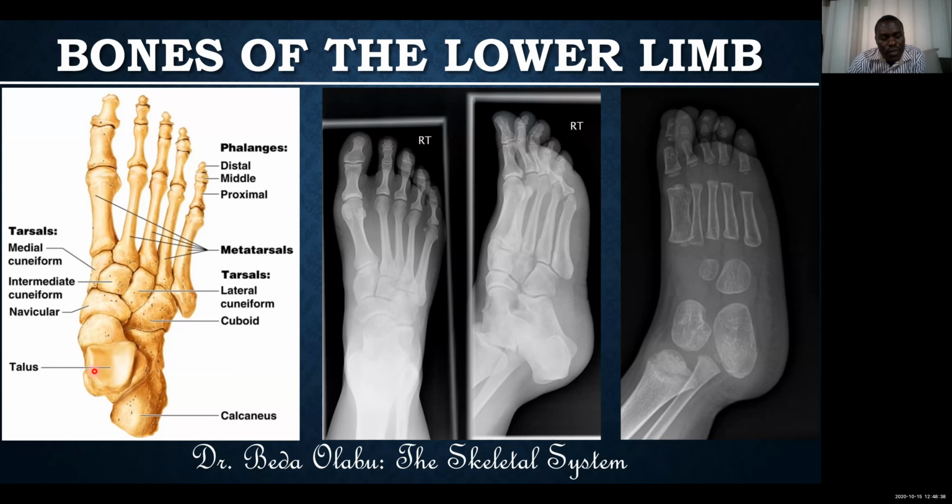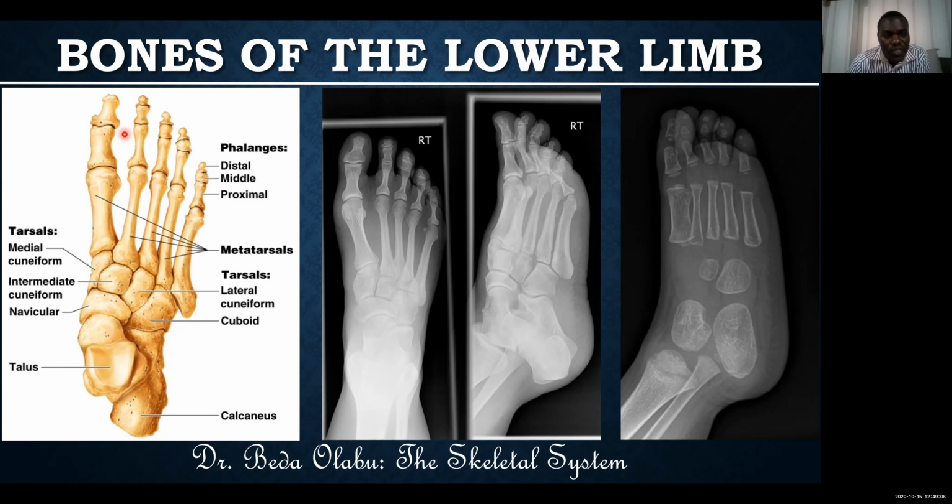These 2 bones are proximal tarsal bones. Then these tarsal bones in the middle, you can check their names: navicular, cuboid, and cuneiforms. They are medial, intermediate, and lateral cuneiform. Those are tarsal bones, a total of 7. Then you have metatarsals, which are 5, and phalanges. Now, phalanges are a total of 14.